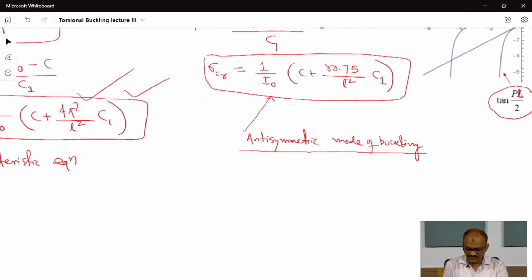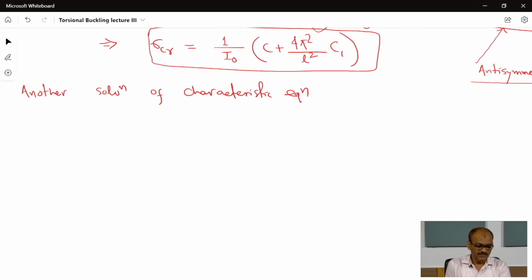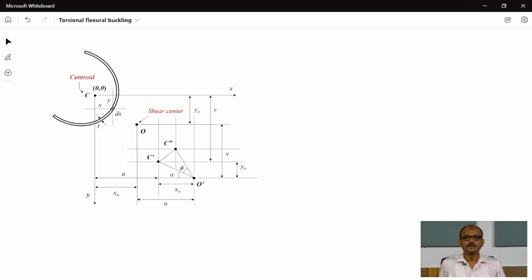This we solved. Next objective is to derive the governing differential equation of torsional flexural buckling. Let us discuss torsional flexural buckling. Generally, for open column section or unsymmetrical column section, when load does not pass through the shear center, the column undergoes torsional flexural buckling.